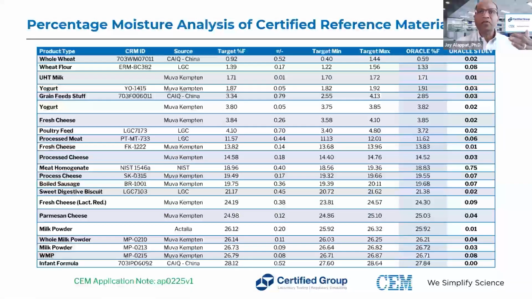The SmartSys results closely match the certified values. This tells us that the technology performs well, not only with the routine production samples that we saw in the previous slides, but also against internationally recognized reference material. You can see how close the numbers are, and the standard deviation is very small. That's what you see in the last column of the slide. Next slide, please.